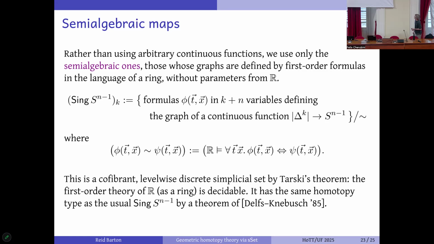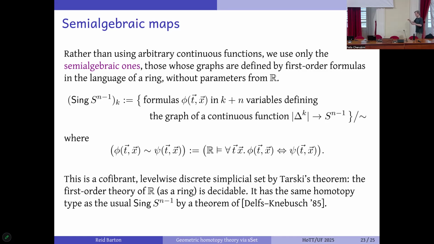Okay, that might not seem like a huge improvement, but it actually is, because we have this theorem due to Tarski that says that the whole first order theory of the real numbers is decidable. So that means, for example, if I'm given a formula in k plus n variables, I can decide whether or not it really is the graph of a continuous function from the k-simplex into the (n-1)-sphere.